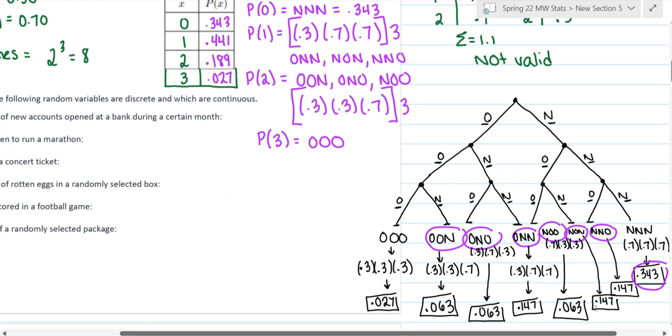So you can use the tree diagram to get all of those probabilities, or once you go through it and learn what the outcomes are going to be, you can do the math this way. It's really a matter of preference, and I don't think for filling out a probability table you're going to be given more than maybe 4 options.